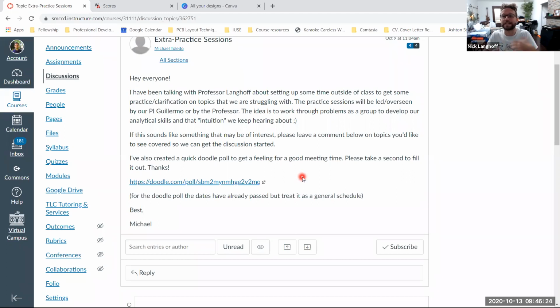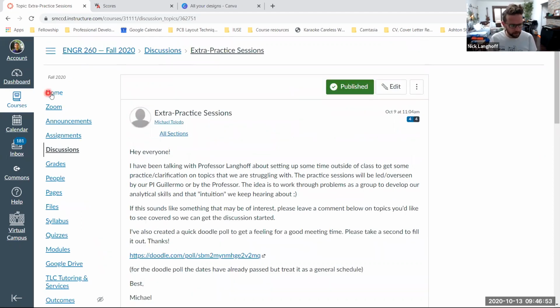So I'd like to continue modeling how to be intuitive and use the rules and see things a little more easily, because especially as you're a new player in the scene and working in circuits, it can be very easy to not see things as clearly because you haven't had as much practice looking at them. So I'd really love to spend some time working on that with you. All right.